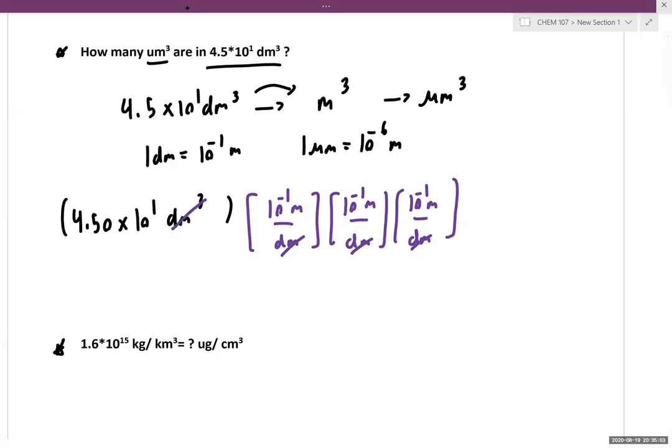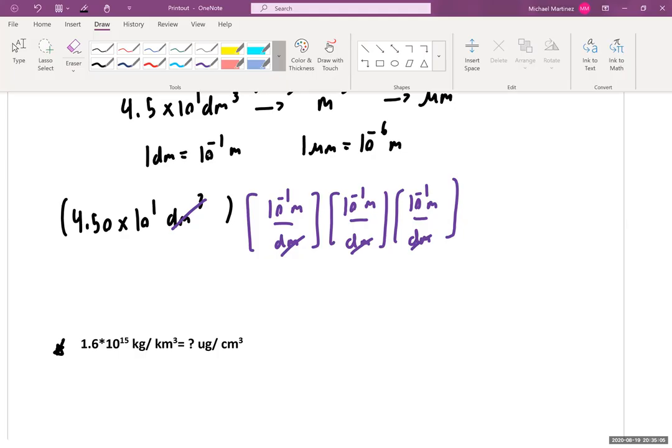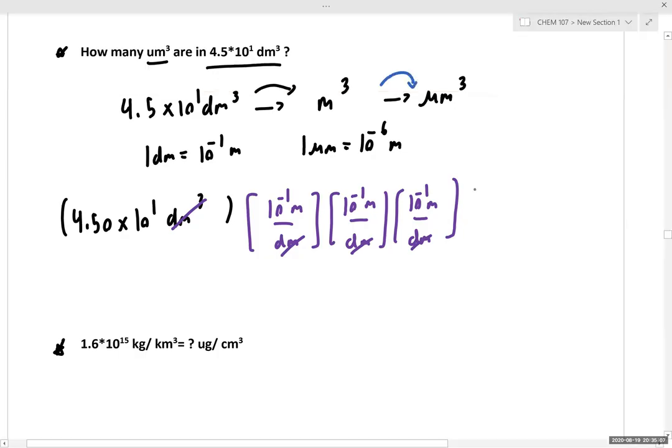Okay, now if we're going from meter cubed to micrometer cubed, what units need to be on top? We're going from meter to micrometer cubed.